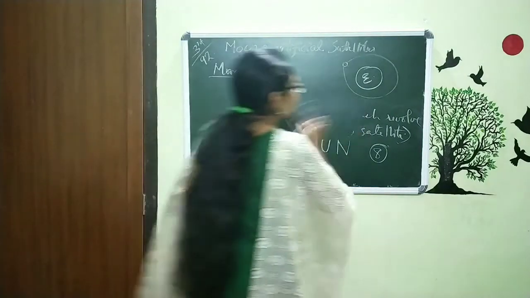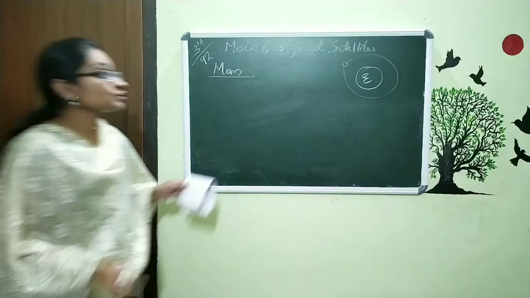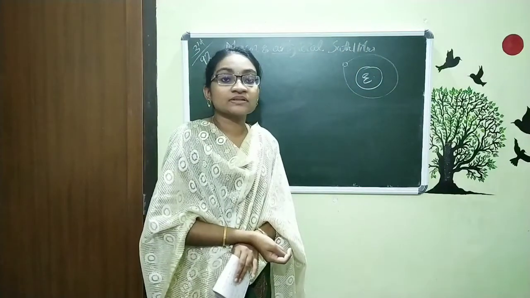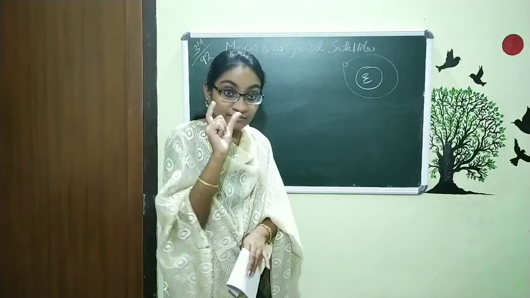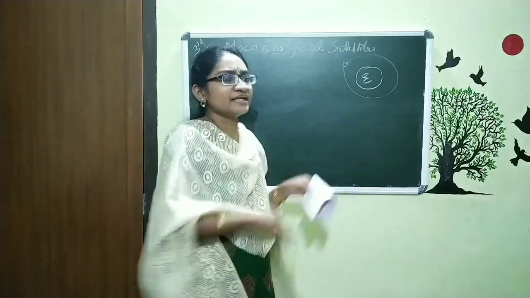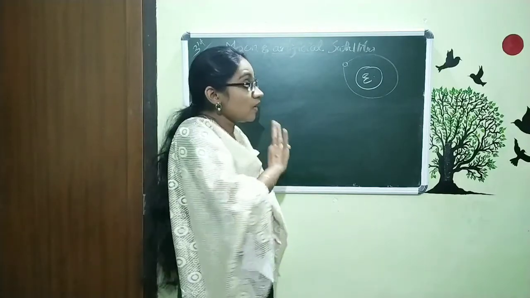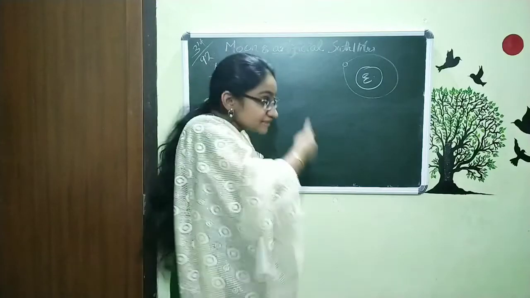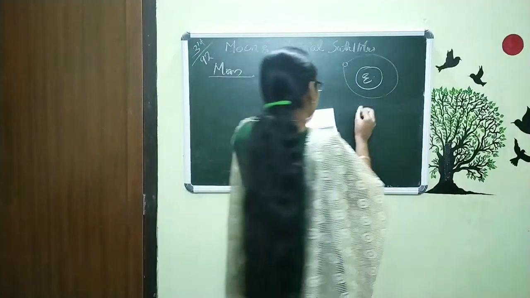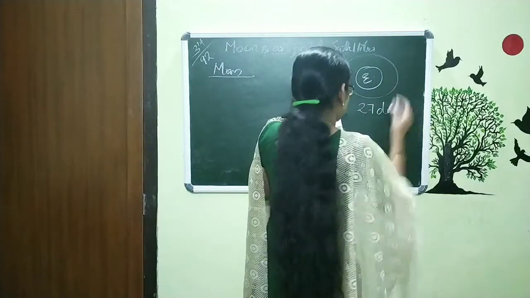And we said that this moon is a natural satellite, and how many days does it take to complete one revolution around the earth? It's actually a regular time period. It's not that some days it completes in 30 days, some in 50 days. Not like that. All the time, it is completing in a regular time period, and that time period is 27 days, 8 hours.